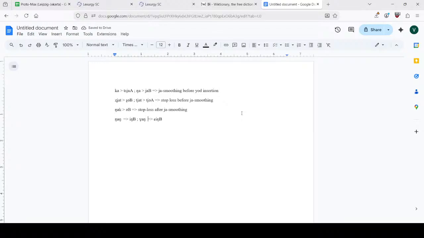But yeah, these lines imply that yod insertion happens before... that isn't quite the same, to be fair.